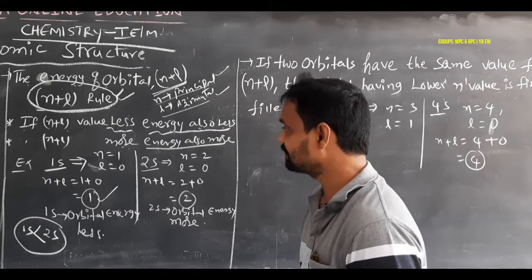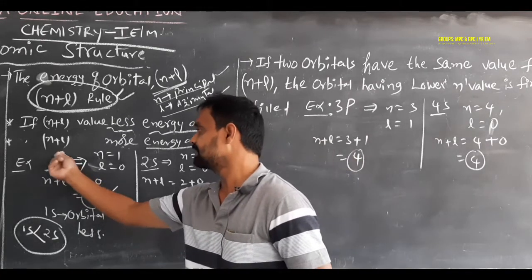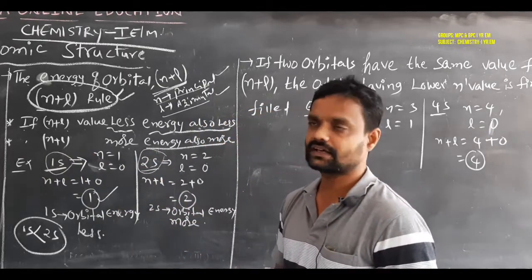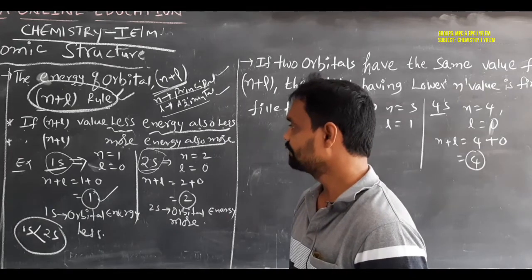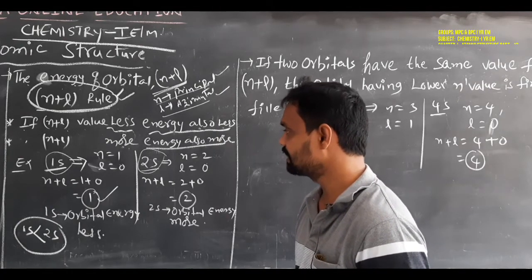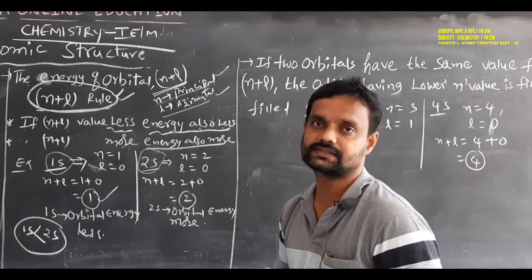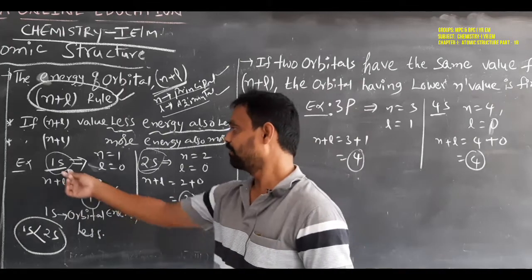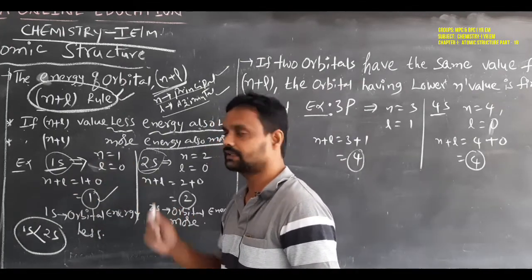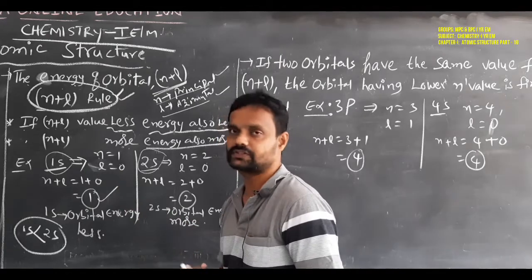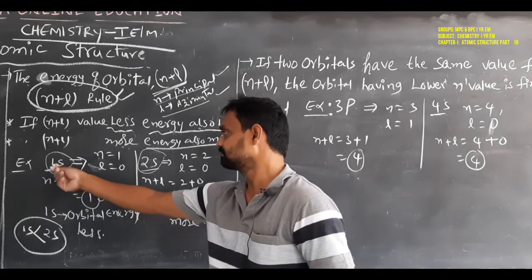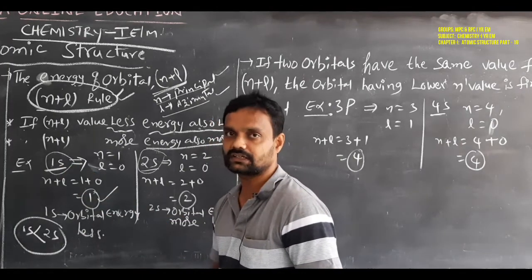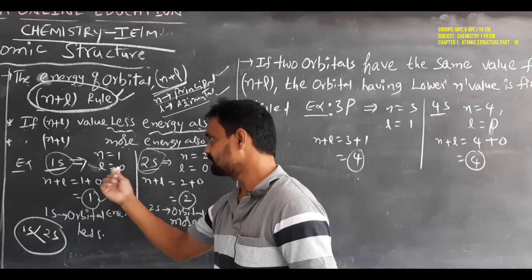Let us see an example, the 1s orbital and the 2s orbital. Which orbital has less energy and which has more energy? It can be determined by using the n plus l rule. For the 1s orbital, n is equal to 1 and, since it is an s orbital, l is equal to 0.